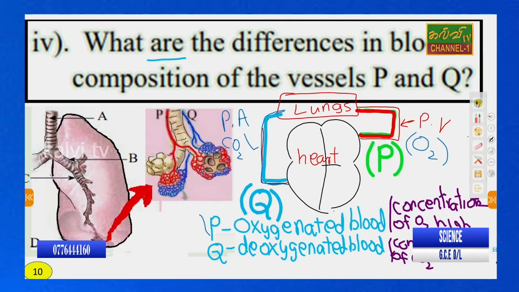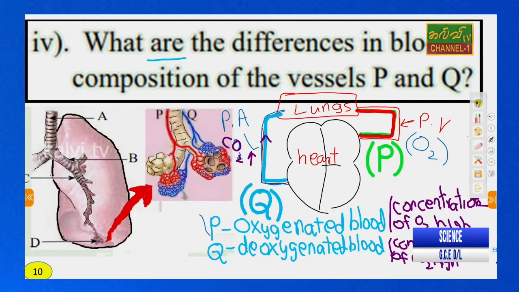Sometimes it will be hidden in this area, you can find out. So the concentration of CO2 is very high here, because CO2 is carried to the lungs.